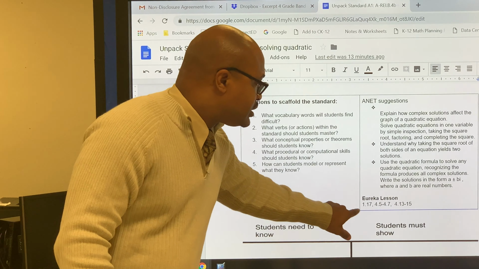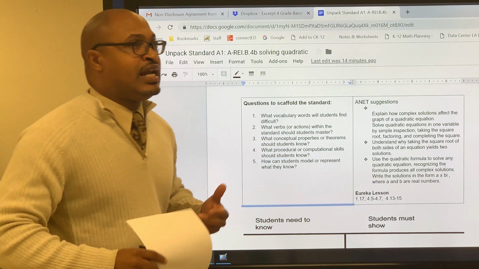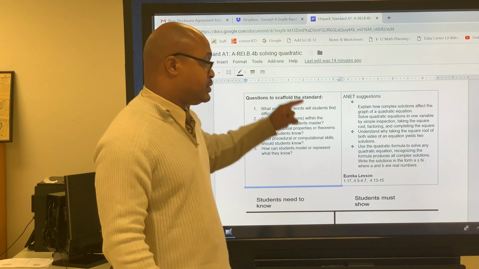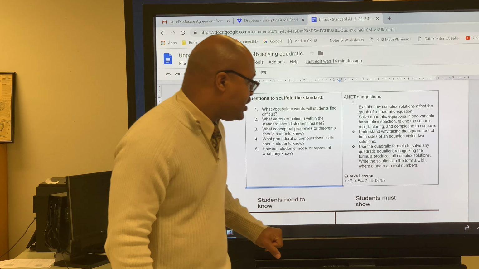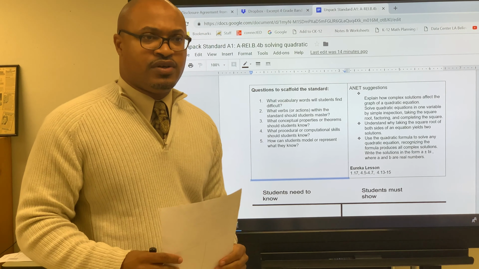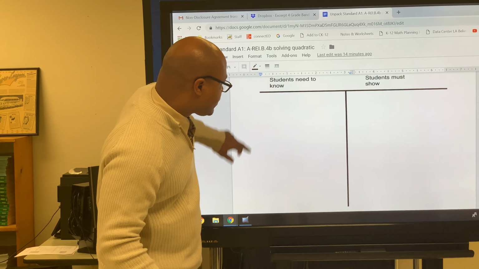That's also suggested by the Louisiana Standards, where they've aligned certain Eureka lessons with this standard. So look at lessons 1.17, and 4.5 through 4.7. I want us to look at those on the back end very quickly.